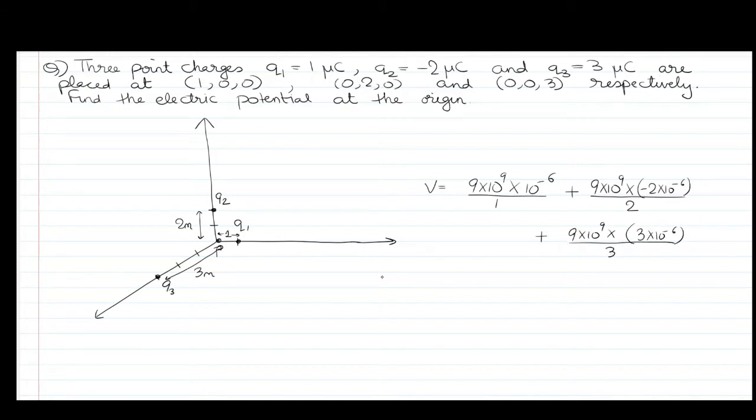So we will solve it. The first term will be 9,000, then the second term will be minus 9,000, and the third term will again be plus 9,000. So as we can see, the total potential will be 9,000.